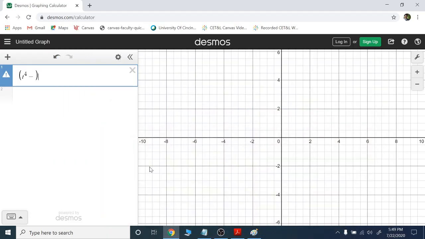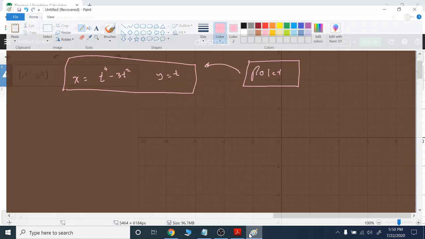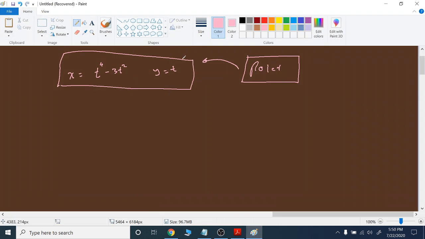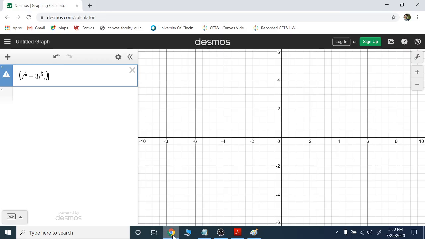And for the y coordinate you just separate it with a comma and write down the required parametric expression for the y coordinate, which is t in this case.